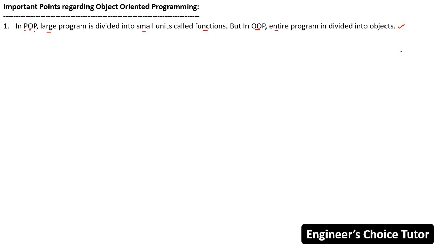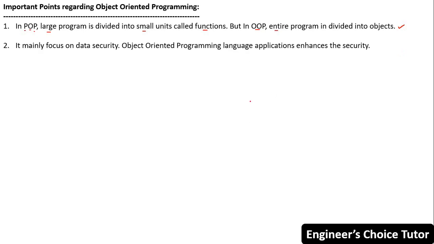Okay, this is the first point. The second point is that it mainly focuses on data security. Object-oriented programming language applications enhance the security. But in POPL, there is no way of hiding the data, so data is insecure, in procedural programming language.